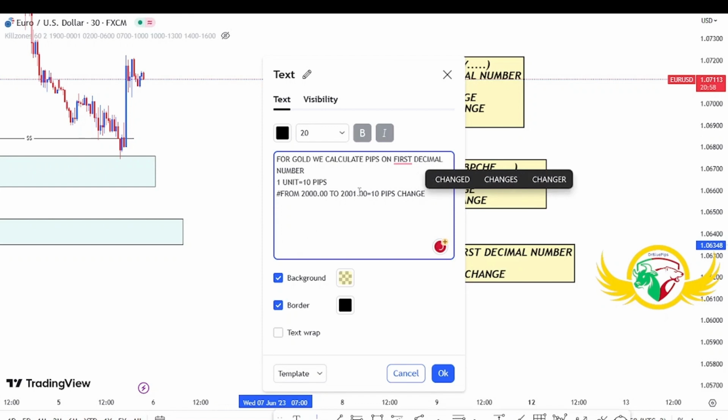Now you can see it has moved 1 unit from 2000 to 2001. Okay, this is 10 pips change.